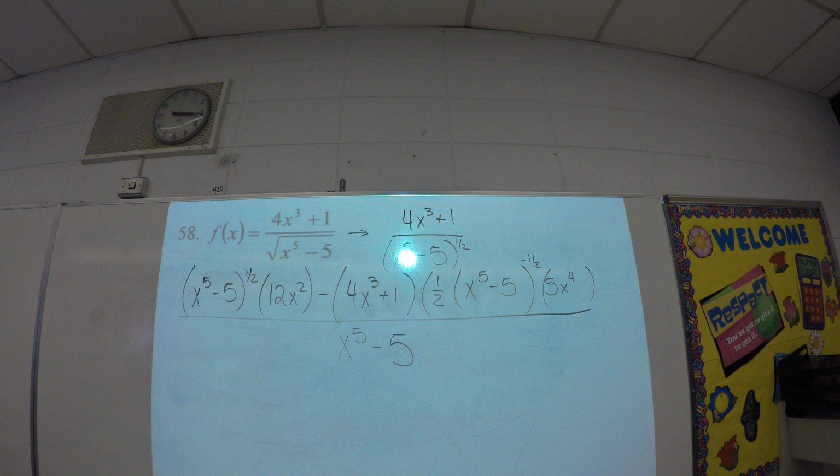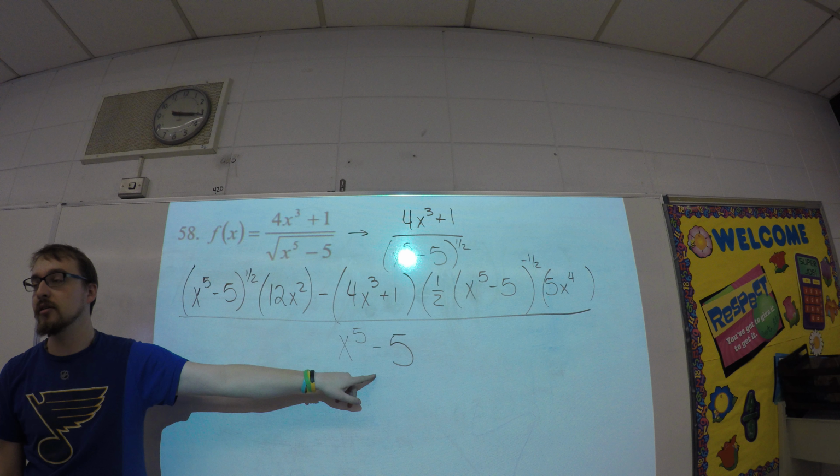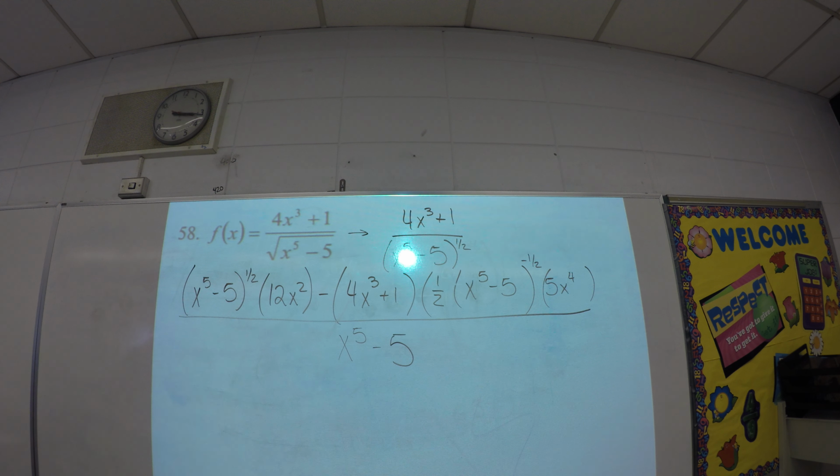How do you feel? Could you also flip the square root of x to the 5th minus 5 to the top? Absolutely, and then do a product rule. Yeah, if you want to do that, that's cool. Why is it just x to the fifth minus 5 and not to the half? Because it was originally a root, right? That's what a half means. And the bottom gets squared. When you square a square root. Yep. Good question. I just didn't simplify it. Yeah, it's cool.